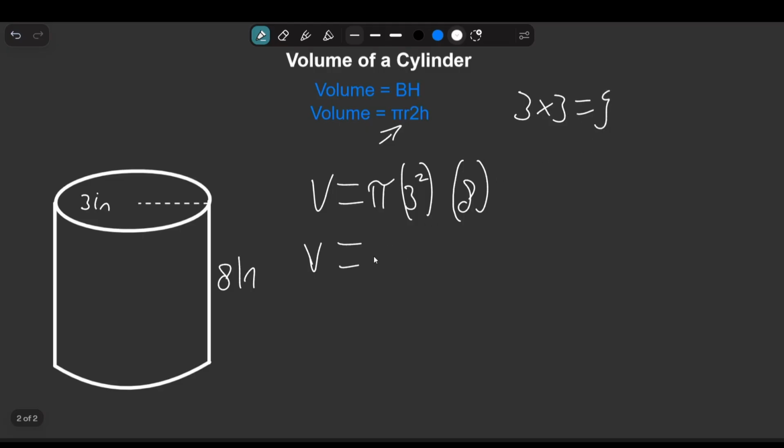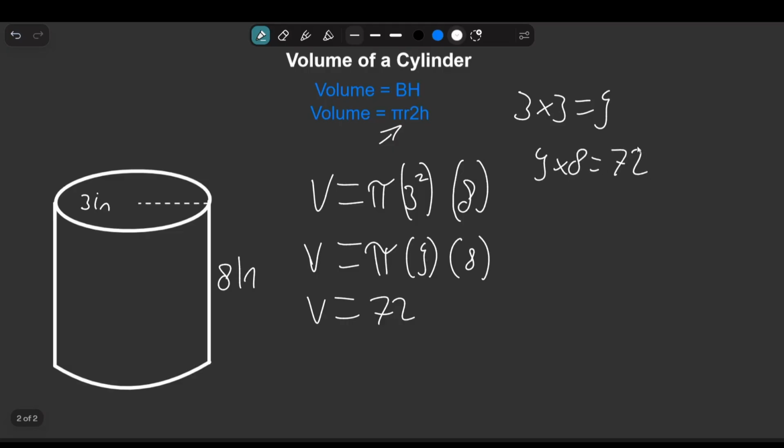So we are left with pi times 9 times 8. This will give us 72 because 9 times 8 equals 72. Now we have 72 pi.